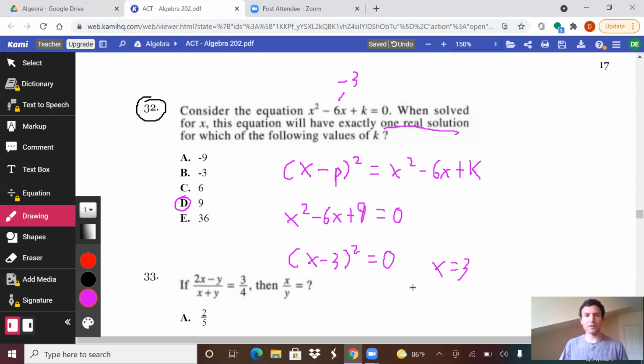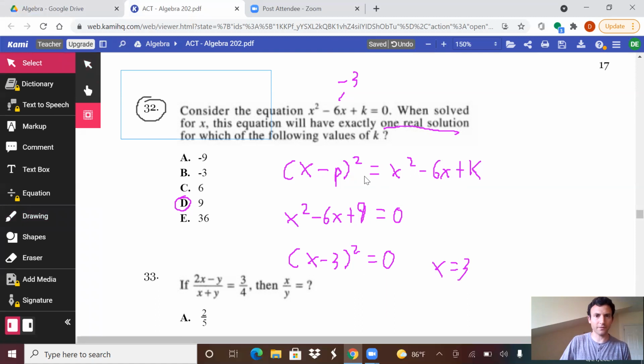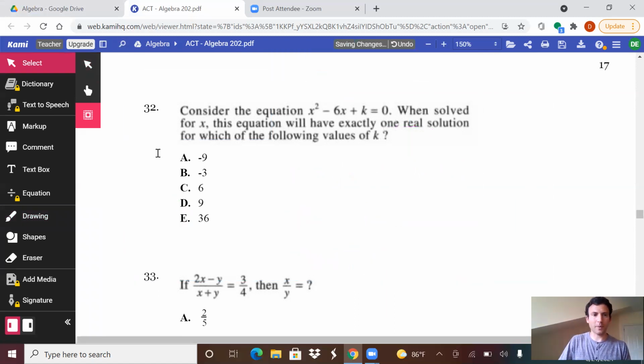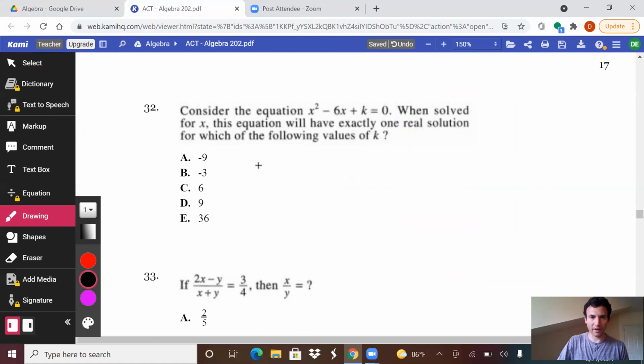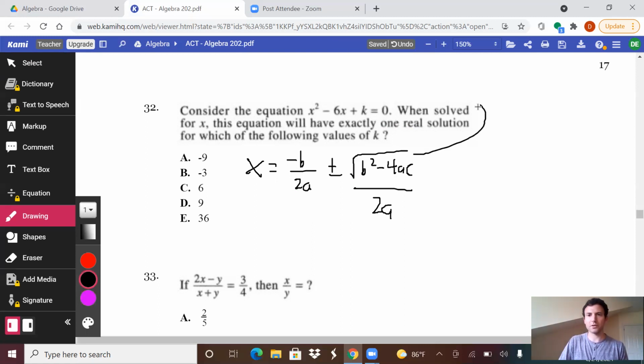There is another way to do this one, probably the road less traveled, but I'll show it real fast. Some of you may remember the discriminant from the quadratic formula. When we have x equals negative b over 2a plus or minus the square root of b squared minus 4ac, all over 2a, the part under the radical, b squared minus 4ac, is called the discriminant.